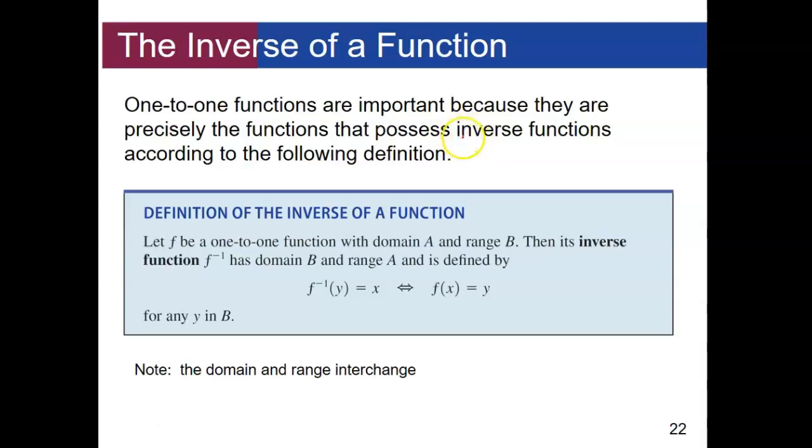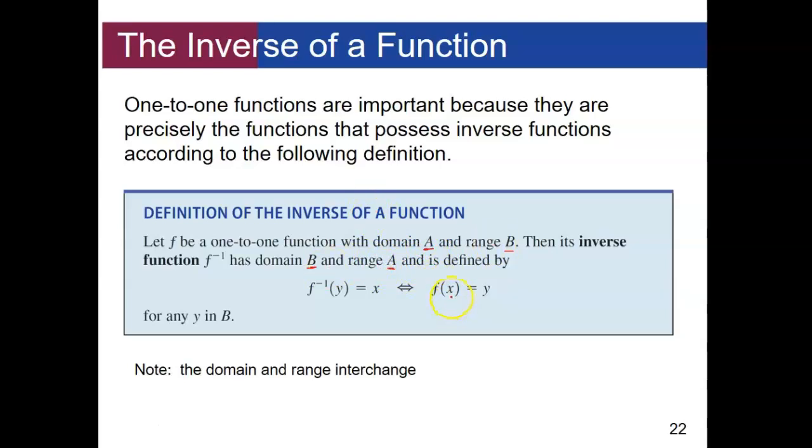Okay, when we start talking about inverses of functions, we need to keep track of domains and ranges. So basically what happens is if we have a one-to-one function with domain A and range B, then when we look at its inverse, the domain of the inverse is B and the range is A. So we get our A's and our B's to switch.